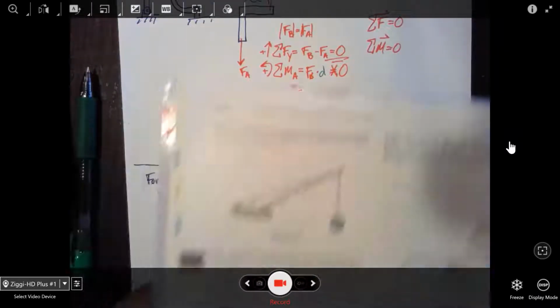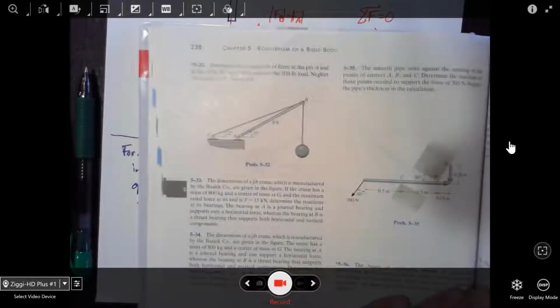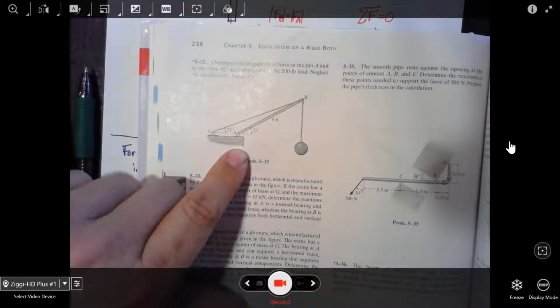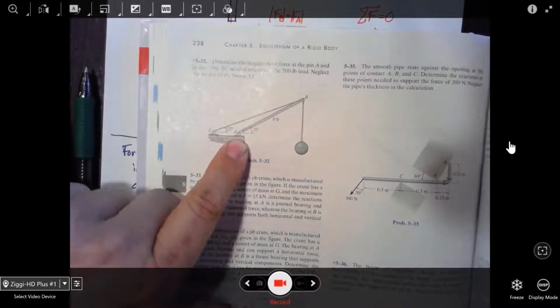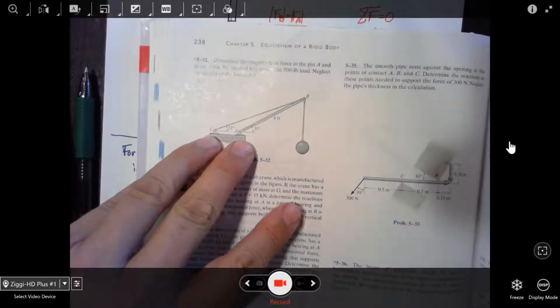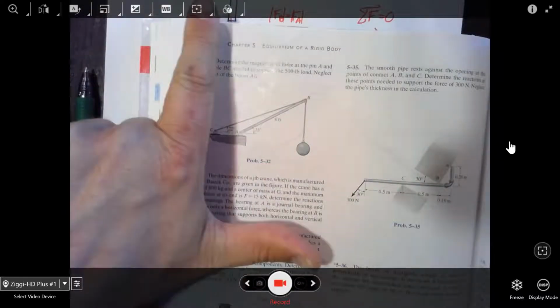Let's find another example. How about this guy, the old ball and chain, right? Okay, so it's a simple kind of boom. Here we see two pin connections. So if we're asked in the problem to find the reaction at A and C, and typically if it's a pin, we'd say, well, there's an X and a Y component to that, right?